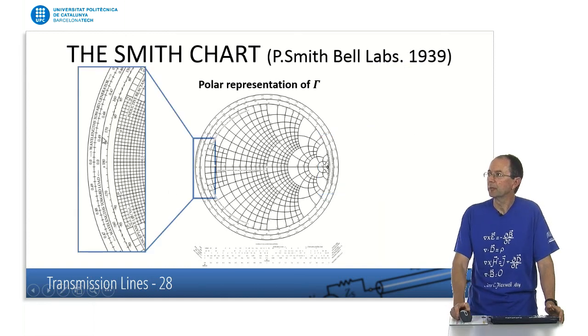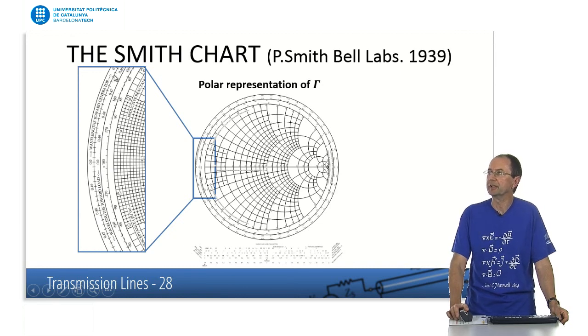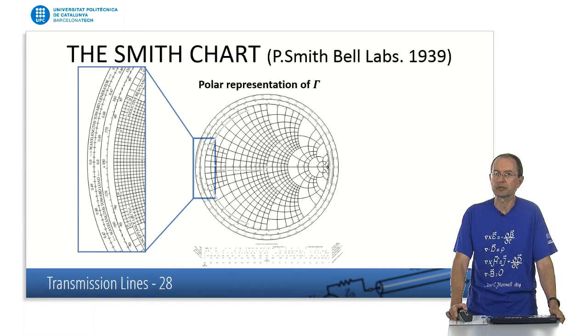And we also have the periphery of the chart labeled with wavelength units, and you can move along the transmission line in two senses. Either towards your load, and then you have to move radially following this sense here, or if you move clockwise, this represents moving towards the generator, of your impedance or your reflection coefficients along the transmission line.